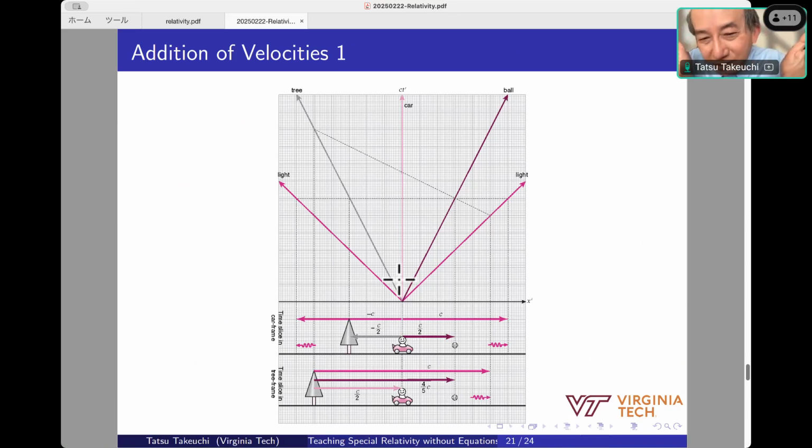Also, in the long run, if you eventually want to teach students general relativity, I think this drawing approach is much better than the usual approach, because the Lorentz transformation equations are already difficult.